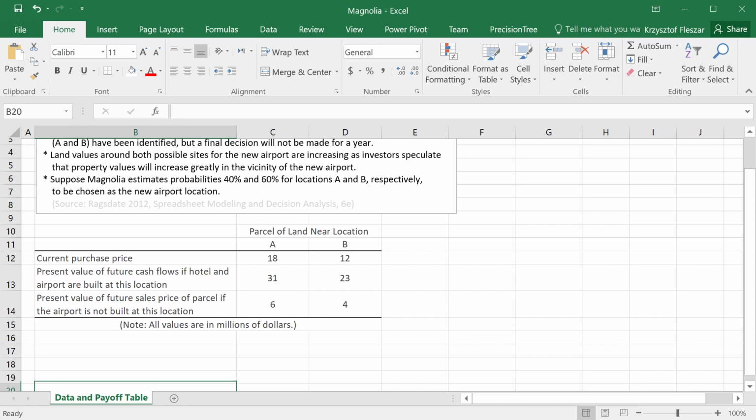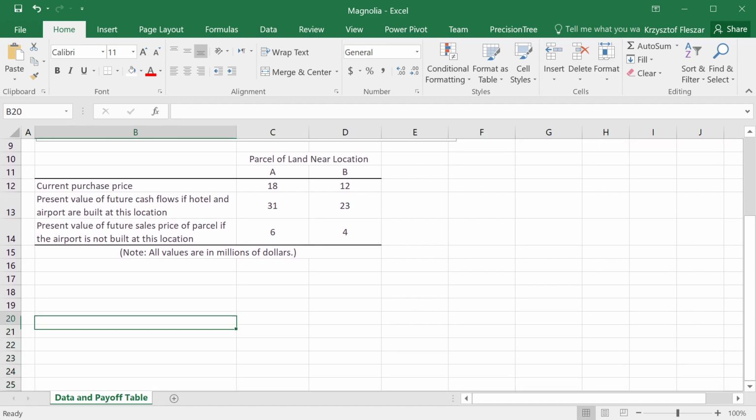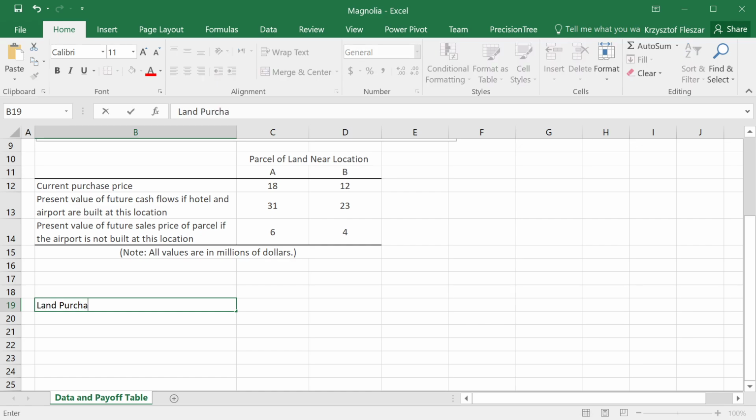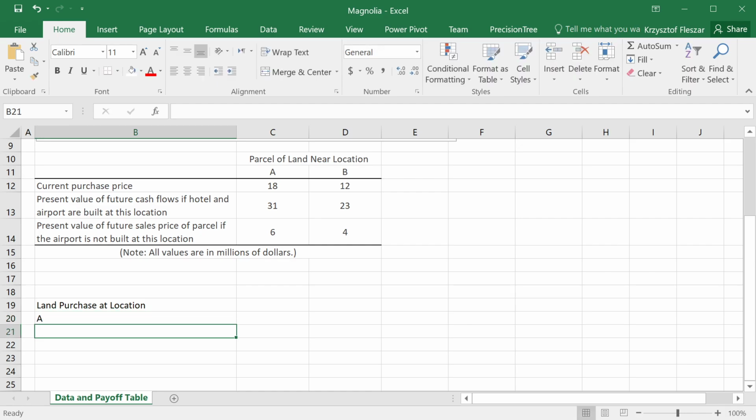So let me scroll a little bit here and start a table. I will say land purchase at location. Of course I can buy land at location A, or I can buy land at location B. And there's one more obvious option, which is to buy neither, or none of the locations.